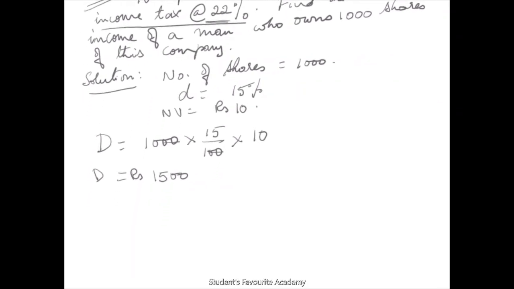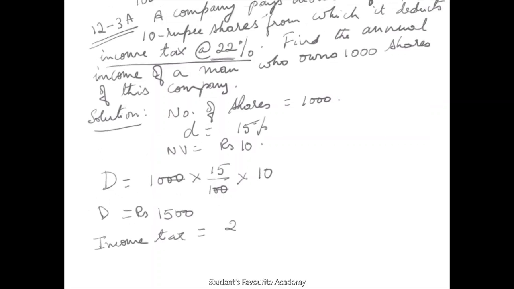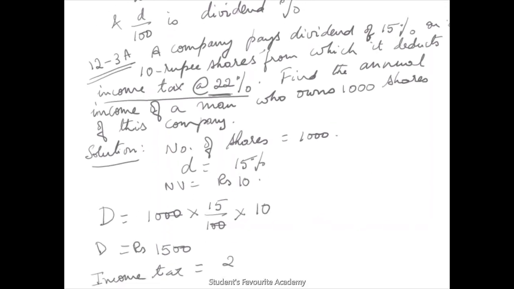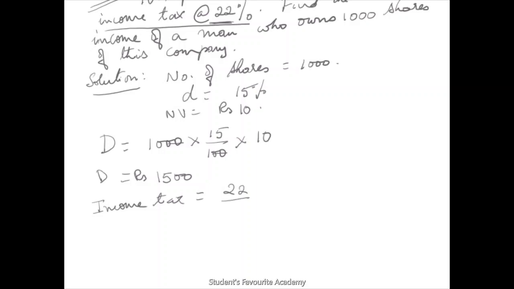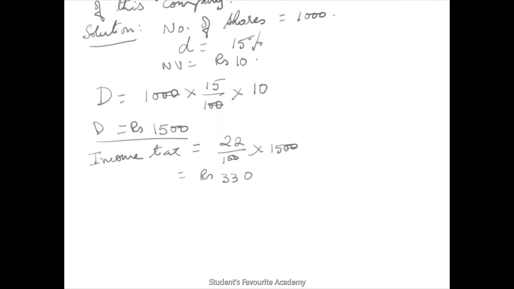So you can calculate in two steps. First, find out the income tax that he has to pay, at the rate of 22%. 22% of his income, that is 1500. Two zeros get cancelled. 15 twos are 30, 3 carried over, 15 twos are 30 plus 3, 330. 330 is the income tax that will be deducted.